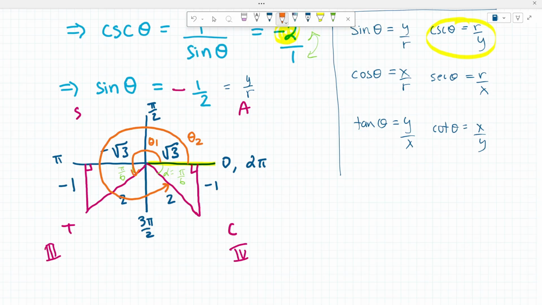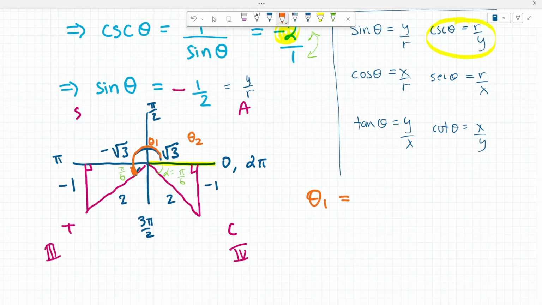So we basically have to use references from our unit circle to determine both of these. So let's start with theta 1. So for our theta 1, we're starting at the principal axis and drawing it over.